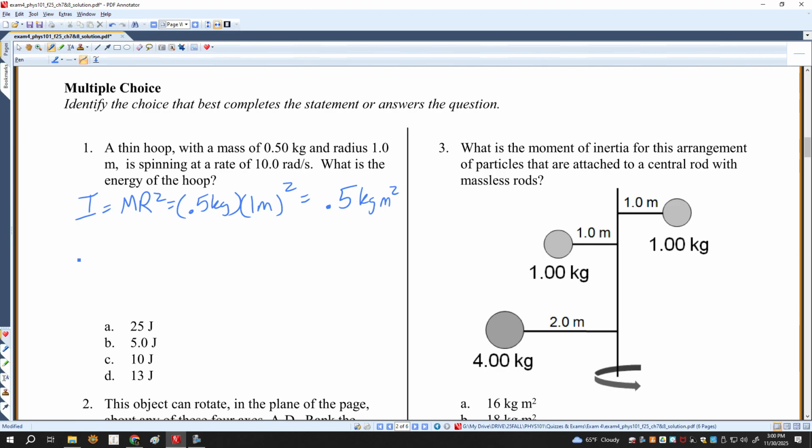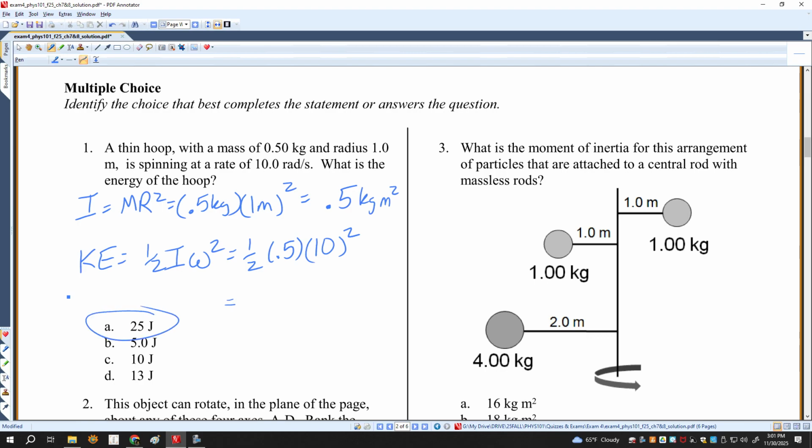That's the moment of inertia. And then the energy is equal to 1/2 I omega squared. That is 1/2 of 0.5 times omega, which is 10 radians per second, squared. That's 1/4 of 100, or 25.